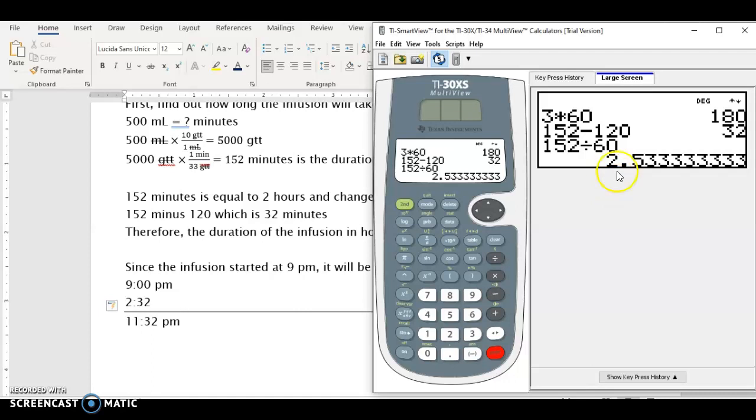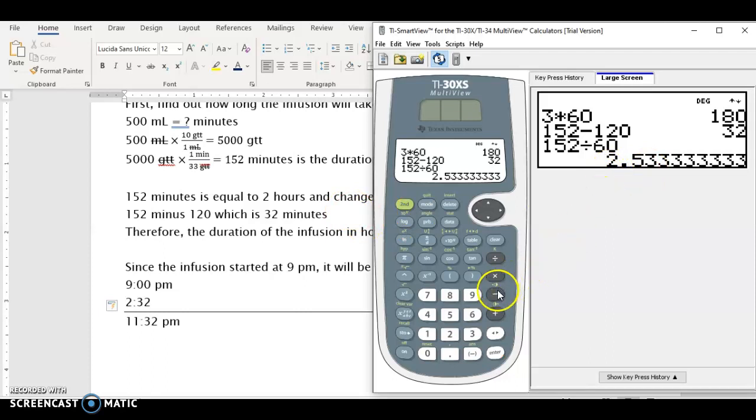The 0.5333, with the 3 repeating, is not quite a full hour. It's part of an hour. So it's 2 hours and change, a little more than 2.5 hours. That's how we get the 2 hours: it's the whole number part of your answer.